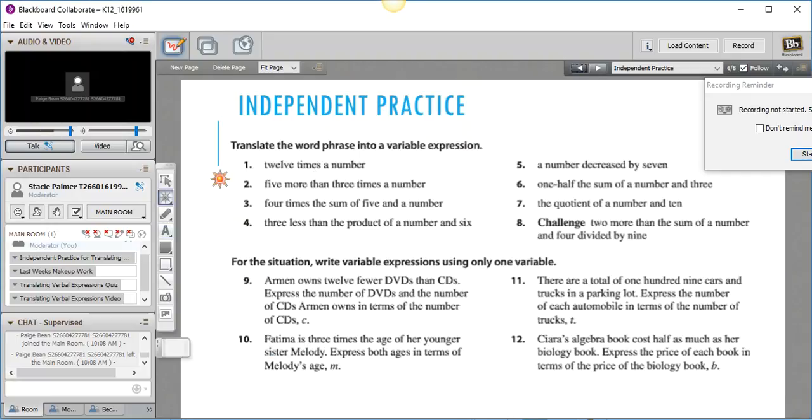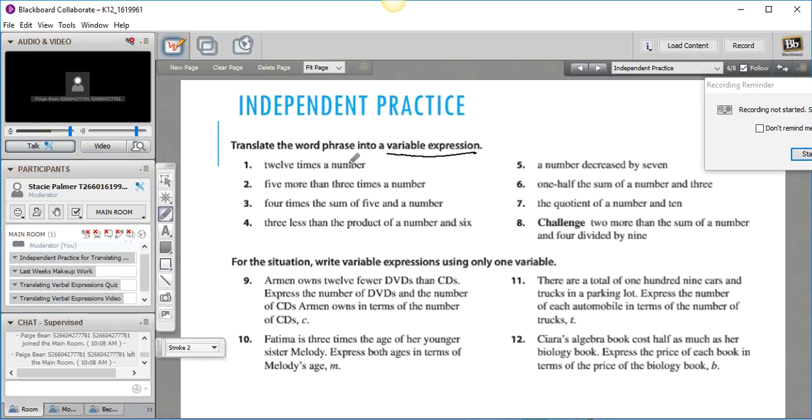For the first one, the instructions say translate the word phrase into a variable expression. So, 12 times a number. We want to take these words and basically write a math sentence out of them. We want to put them into an expression.